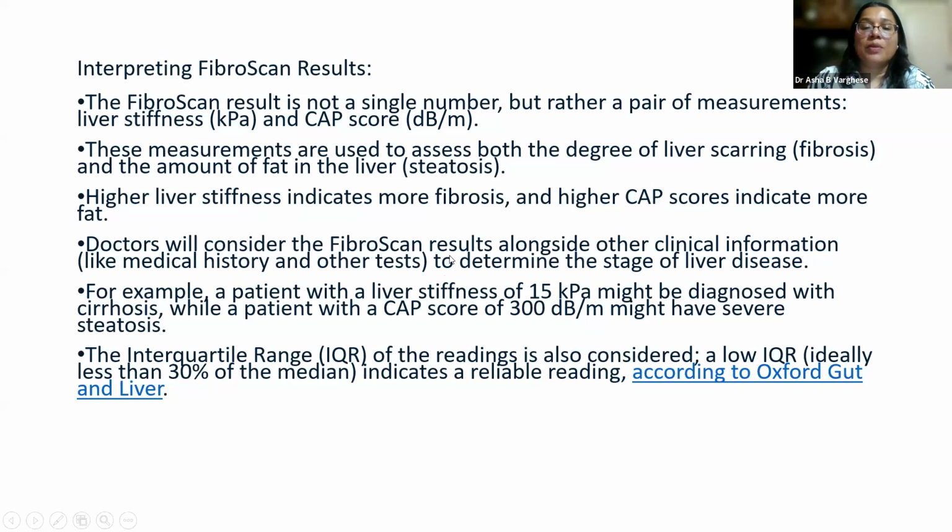Doctors will consider the FibroScan results alongside other clinical information like medical history and other tests to determine the stage of liver disease. For example, a patient with liver stiffness of 15 kPa might be diagnosed with cirrhosis, while a patient with a CAP score of 300 decibels per meter might have severe steatosis, or fatty liver.